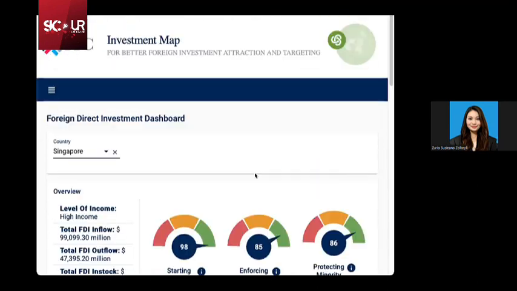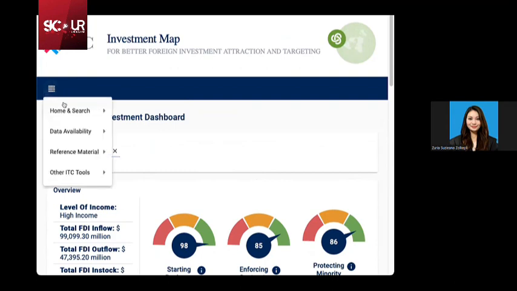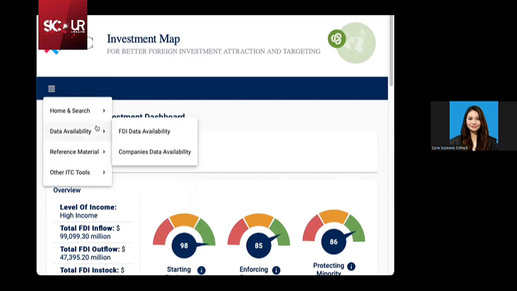Let's say you are the boss and you have planned to expand your company abroad. You can take a look at this as one of the tools. I think here you have reference material as well: industrial classification, a trade map, a market analysis portal. So you can play around with this website.